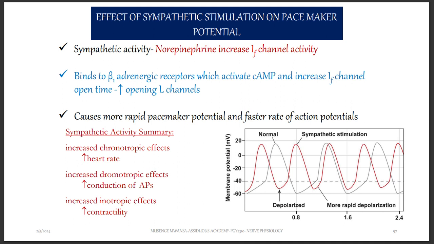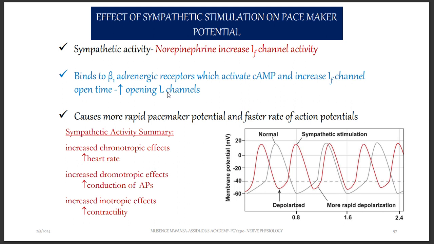Please take note, sympathetic nervous system will work via the beta adrenergic receptors, and these ones will activate cyclic adenosine monophosphate, to increase the number of the Fanny channels, the Fanny sodium channels. And when these have been increased, they are also going to increase the opening of the L-type calcium channels.